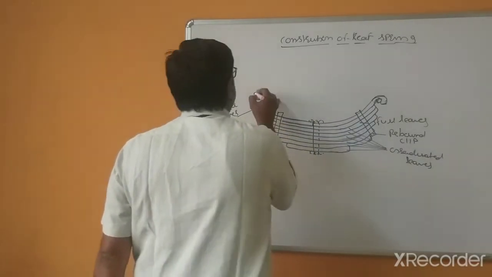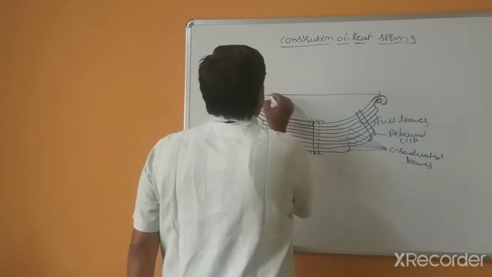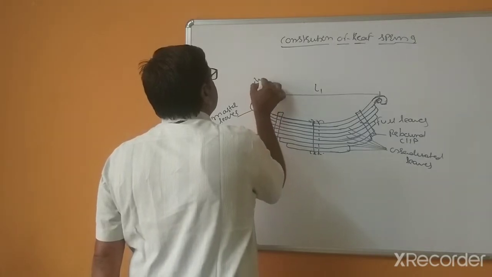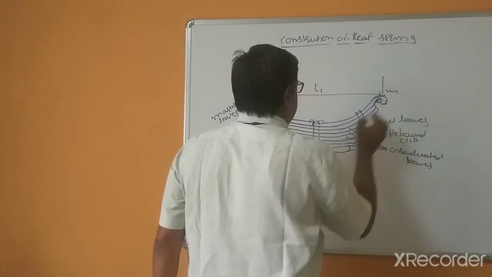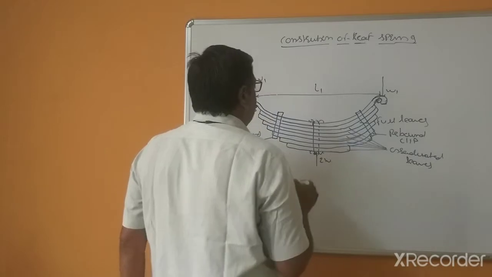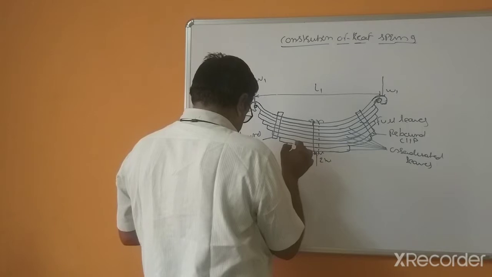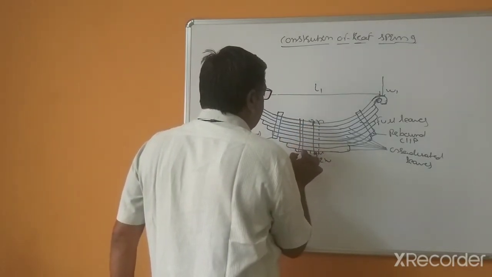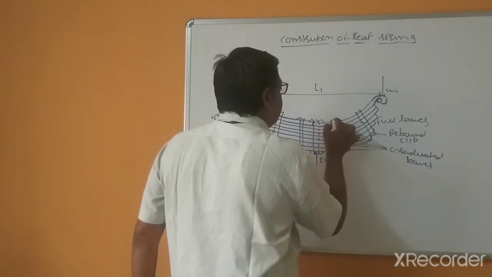And this total length of the master leaf is equal to L1. The loads on the ends are W1, W1, and here the load is 2W, and another clamp is required. These are the clamps required.